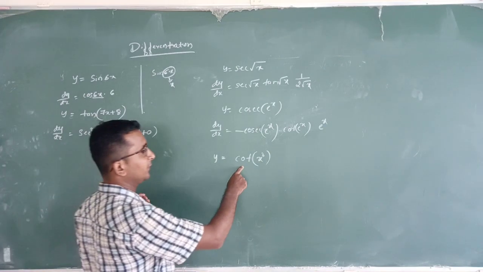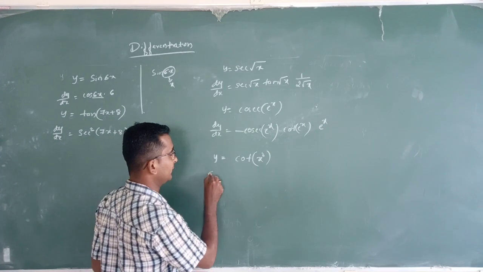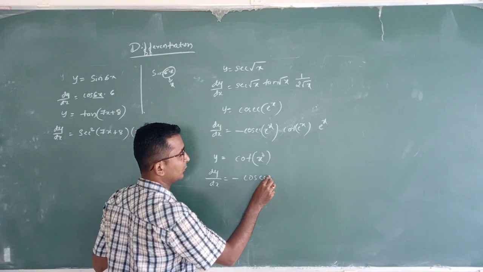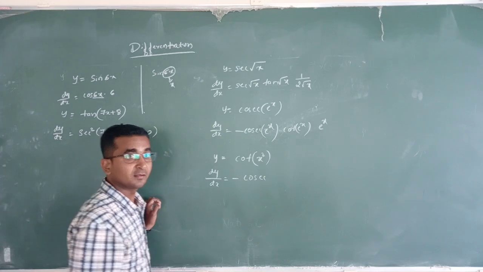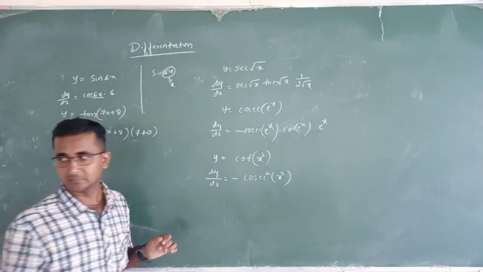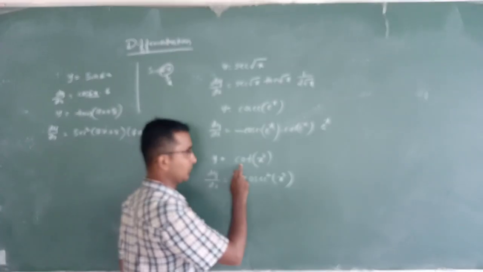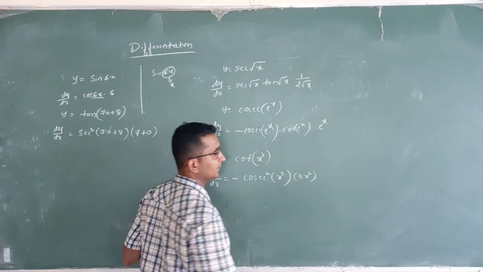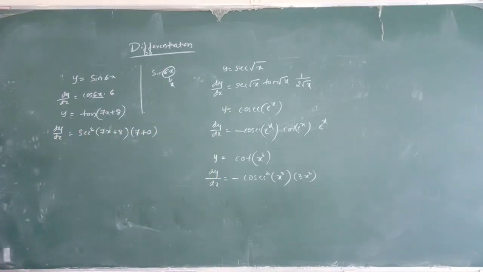Now you consider this one as cot of x. Cot of x differentiation is minus cosec square of x. Getting? The differentiation of cot of x is done, and x cube differentiation is 3x square. So this is the differentiation.